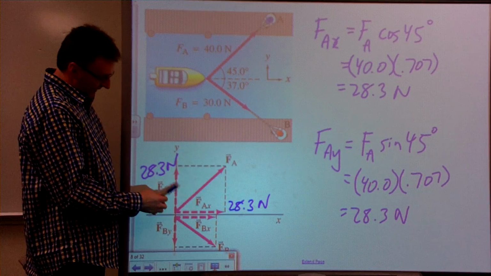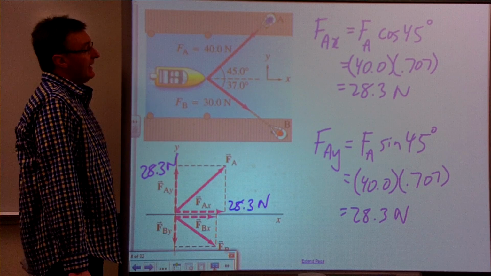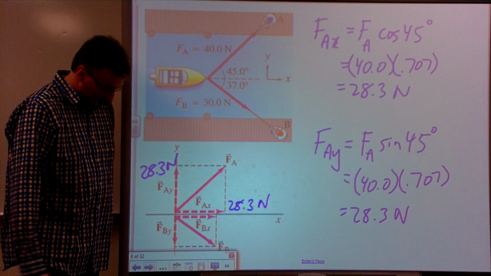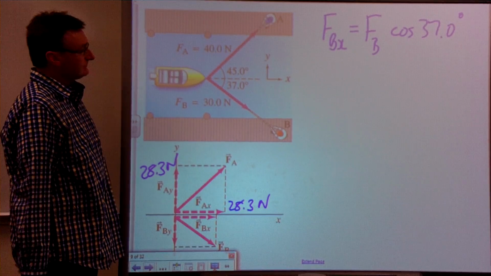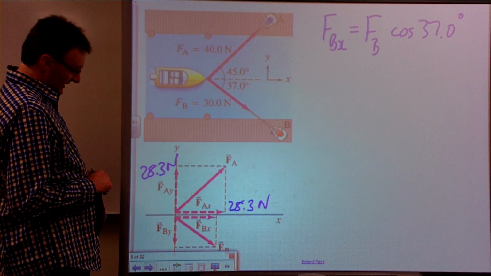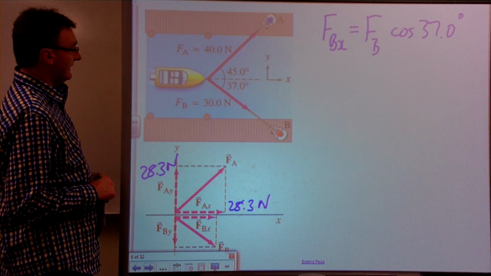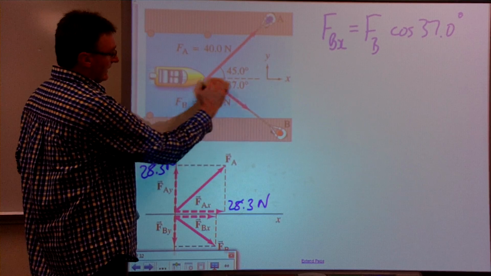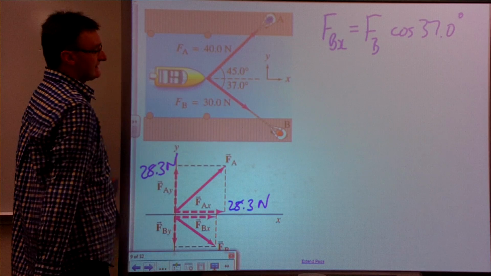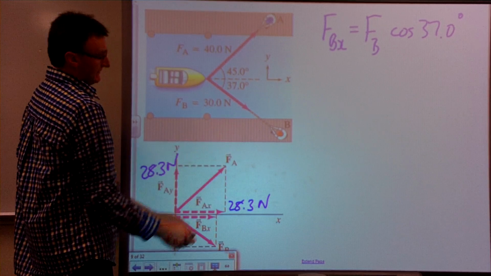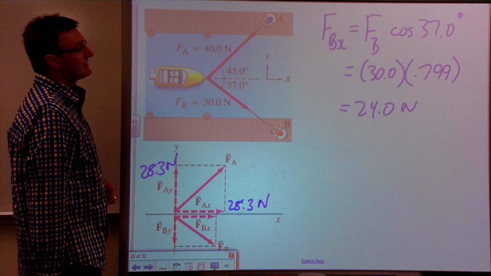Now we have the components of force A, and we can go ahead and find the components of force B. Force B in the x direction first. Our angle now is 37 degrees, and force B is 30 newtons.